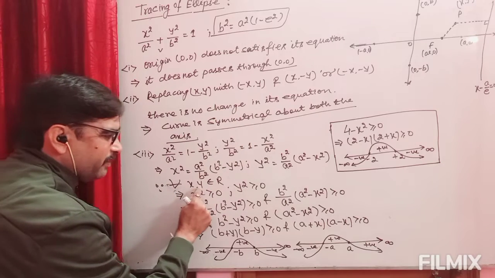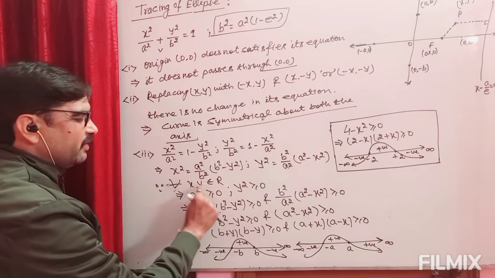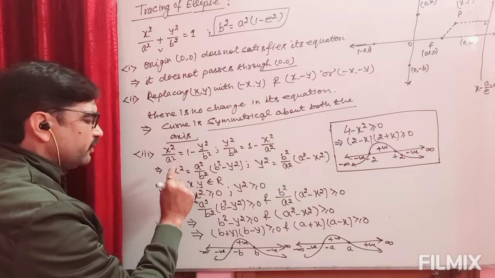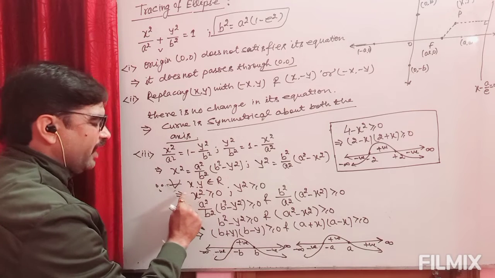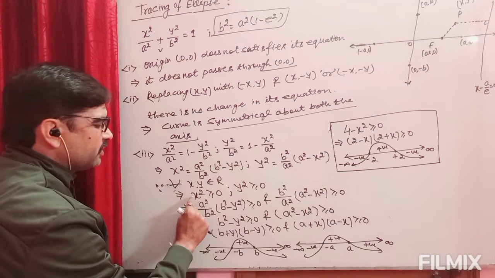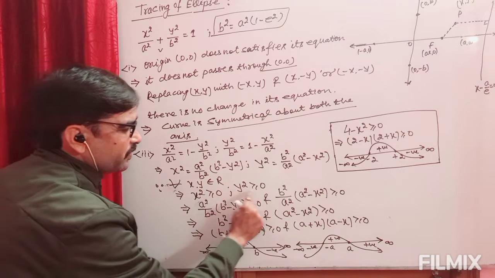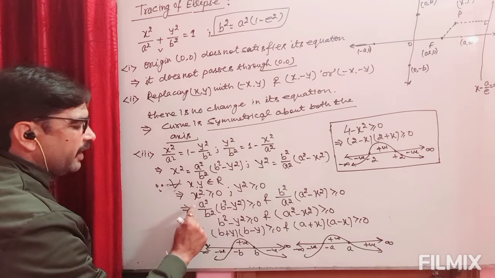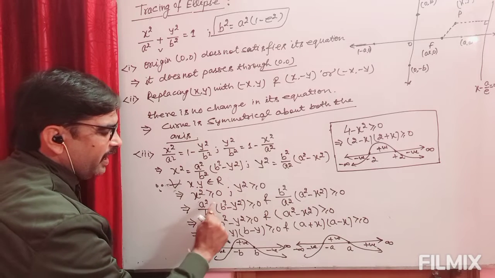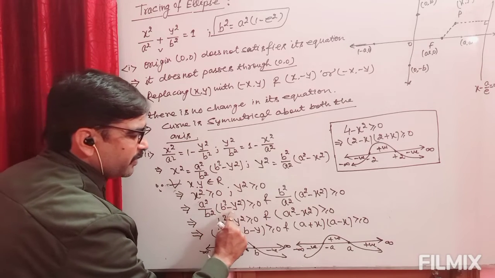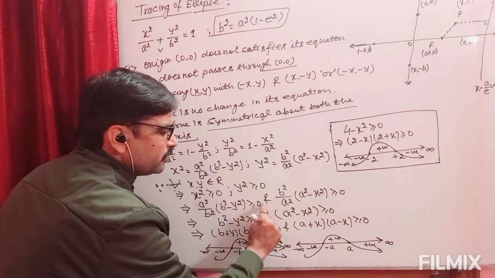For all x, y belongs to R, because x and y both are real numbers, we already have the concept that x square and y square are greater than or equal to 0. It means a square upon b square into b square minus y square is greater than or equal to 0.